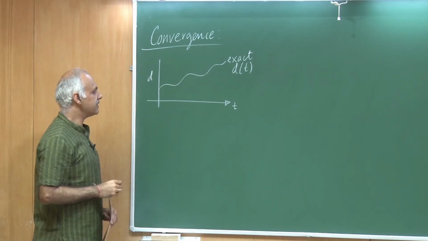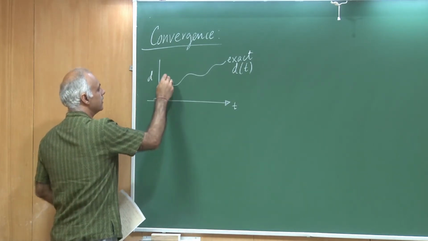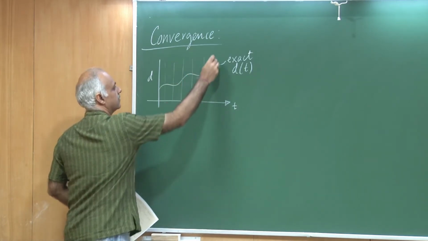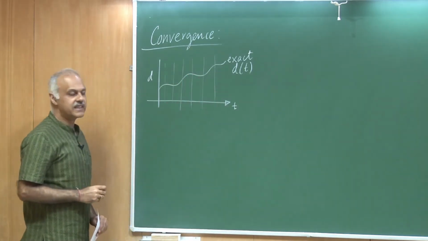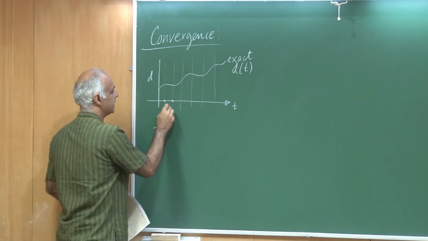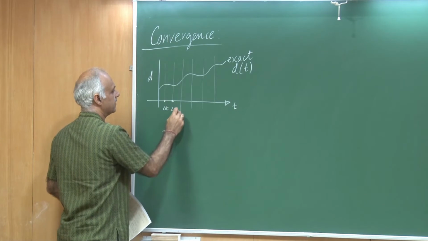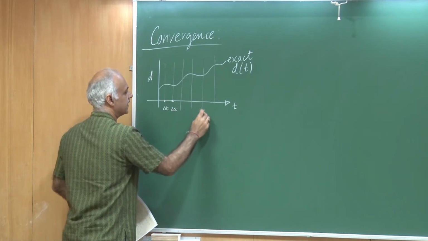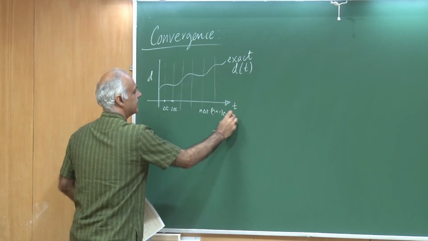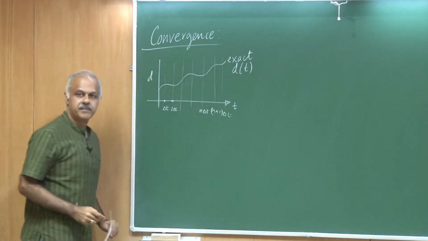And let us say I am interested in the numerical solution. So, I break this into time steps. These are my discrete time levels. I am solving for delta t, 2 delta t, and perhaps this level is n delta t, this is n plus 1 delta t, and so on.